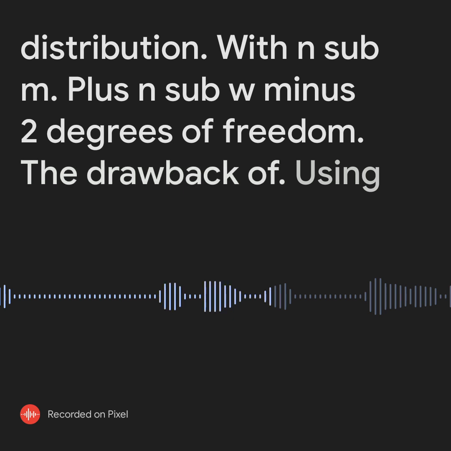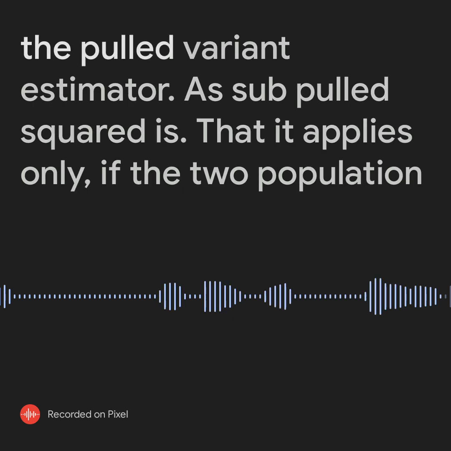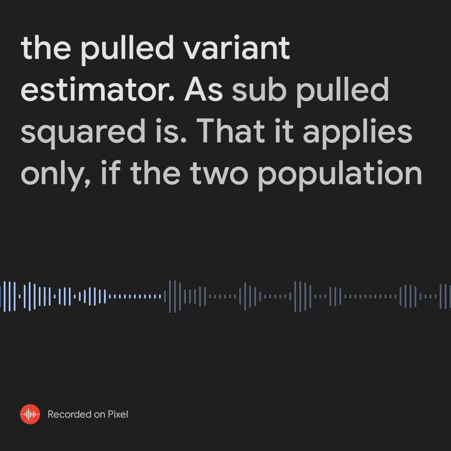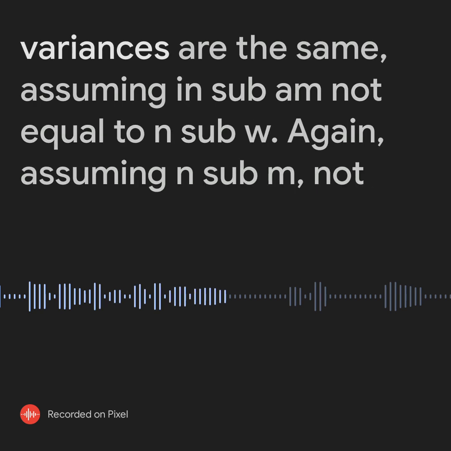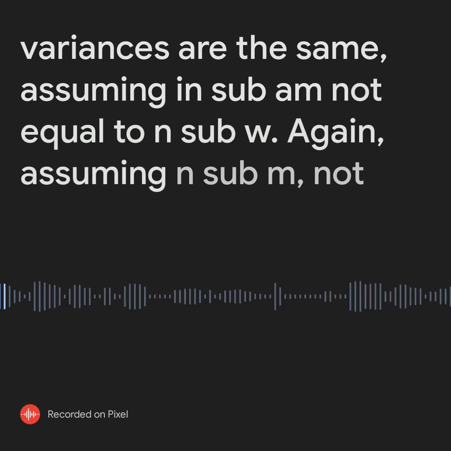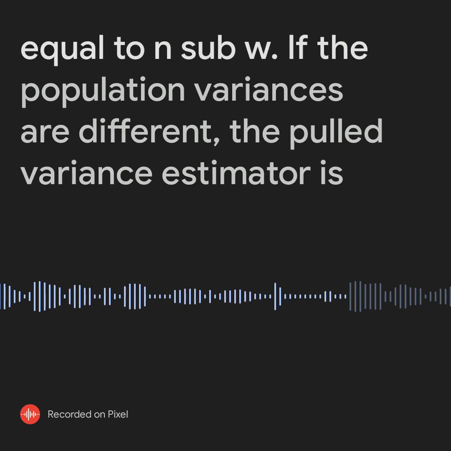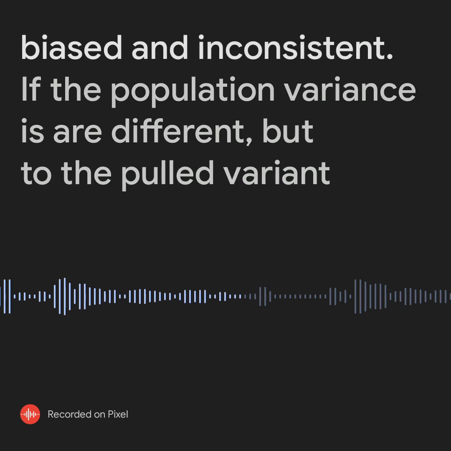The drawback of using the pooled variance estimator, S sub pooled squared, is that it applies only if the two population variances are the same, assuming N sub M not equal to N sub W. If the population variances are different, the pooled variance estimator is biased and inconsistent.